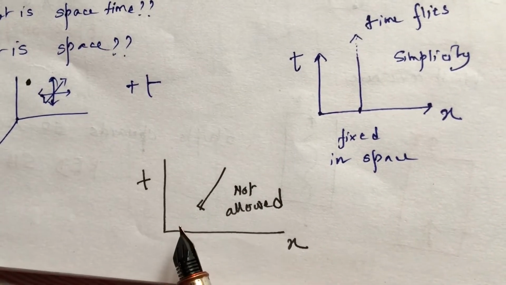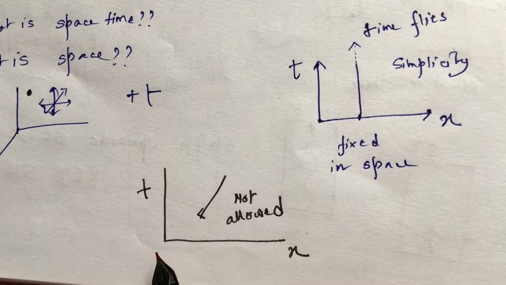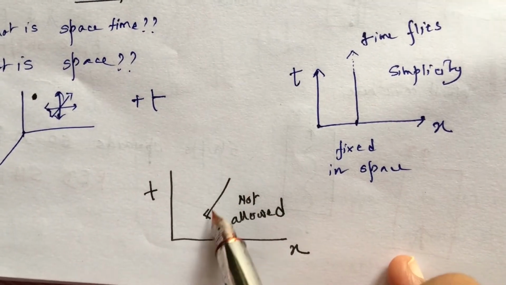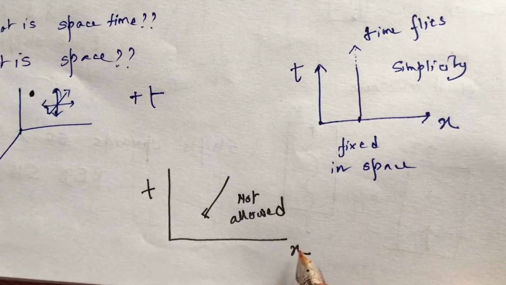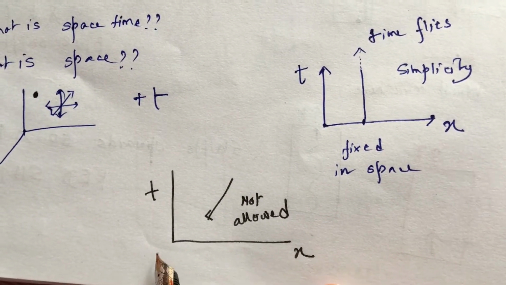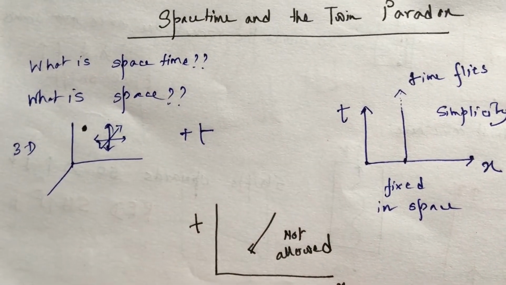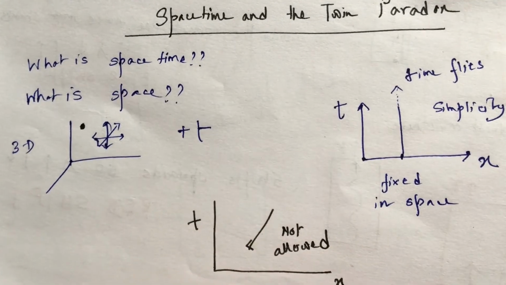But one thing we know very well, that we cannot go backward like this. Space is okay, because in this space we can go forward, backward, upward, downward, or sideways.